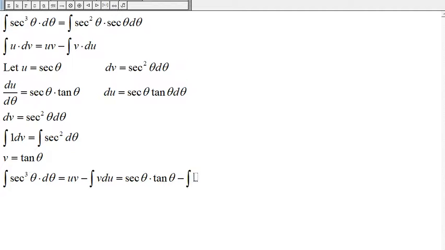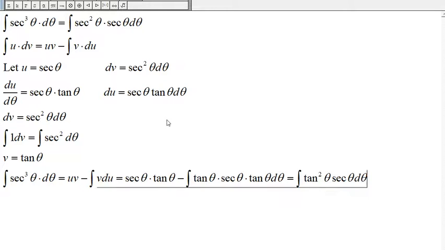And then minus, and now in the v du, v is tangent, and du is secant tangent d theta. And then this becomes tangent square theta secant theta d theta.